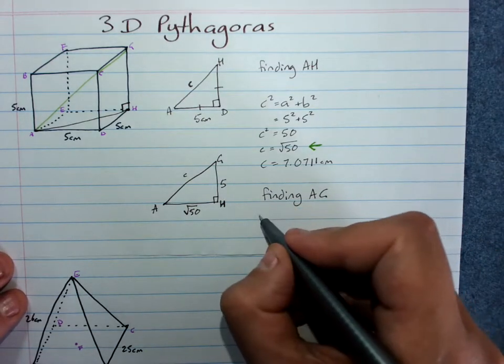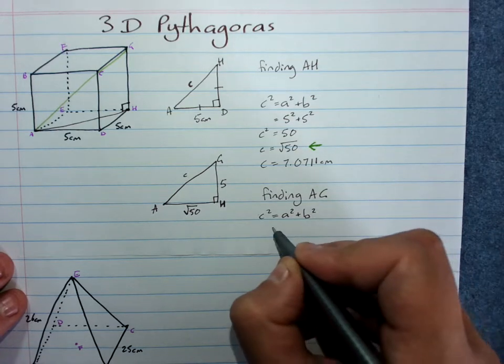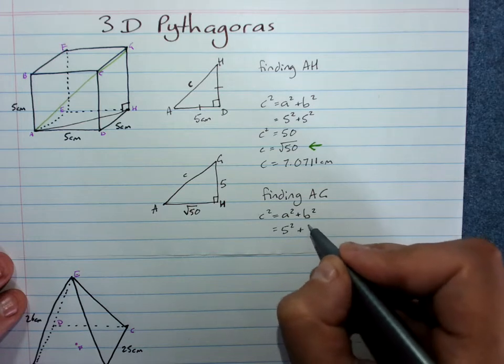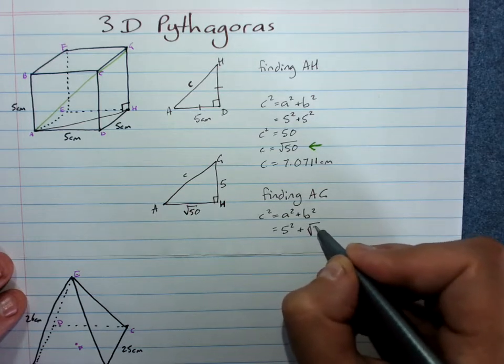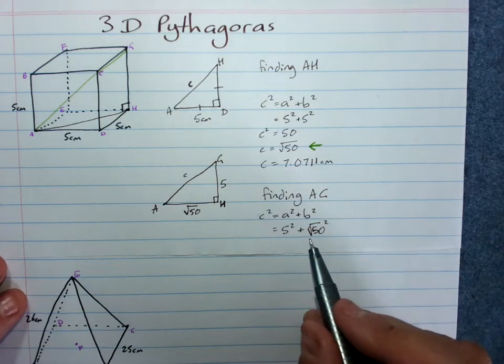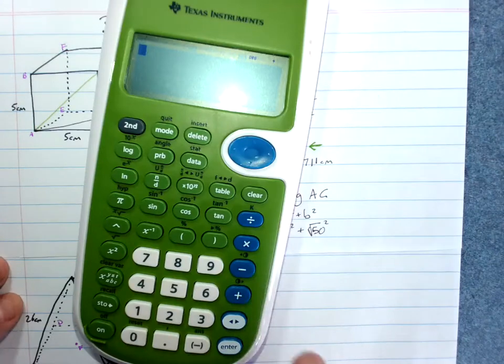Again, Pythagoras' theorem, c squared equals a squared plus b squared. Substitute in your values. Now I've got 5 squared plus the square root of 50 squared. Now if you square the square root of 50, let's just check it.